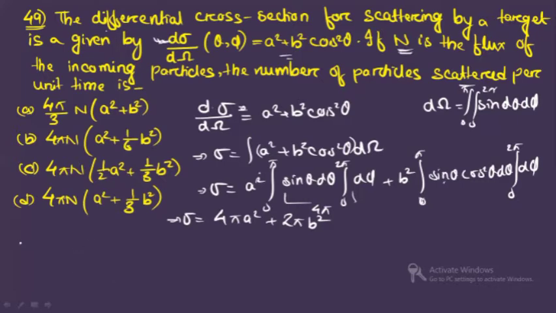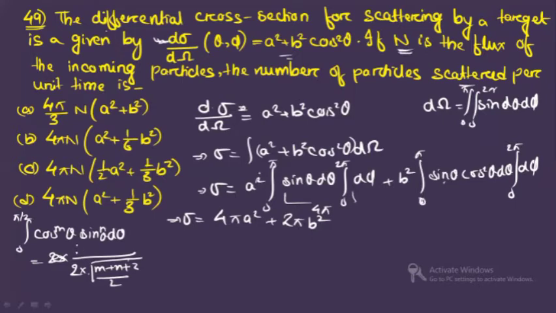For this we have a formula where the limit is 0 to pi by 2, and the integration is cos to the power m theta sine to the power n theta d theta. The value of this integration is, 2 is in the denominator, gamma of m plus 1 by 2 and gamma of n plus 1 by 2, divided by gamma of m plus n plus 2 divided by 2.